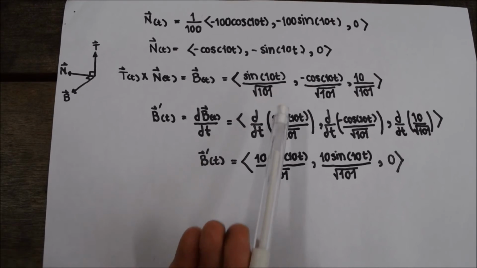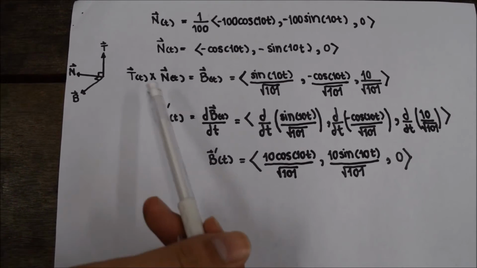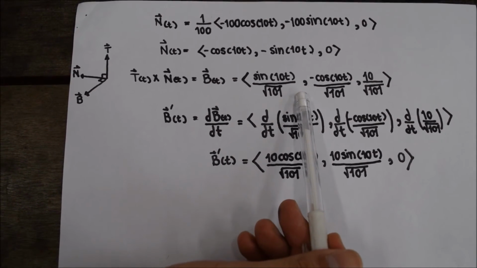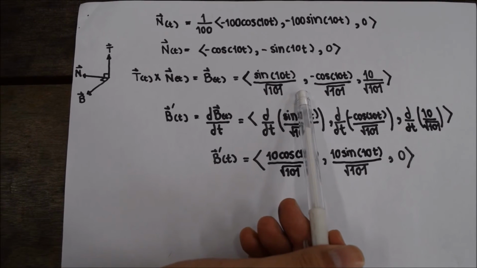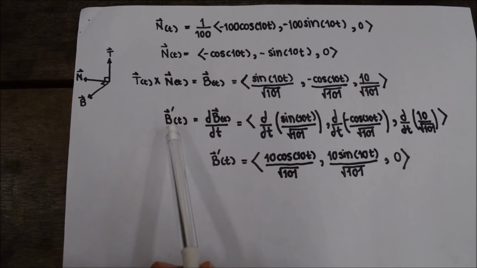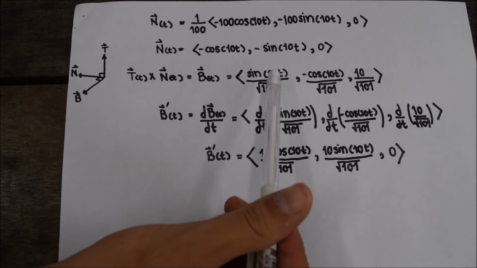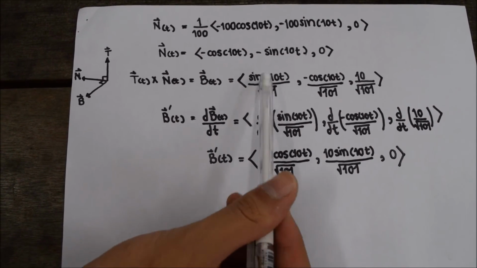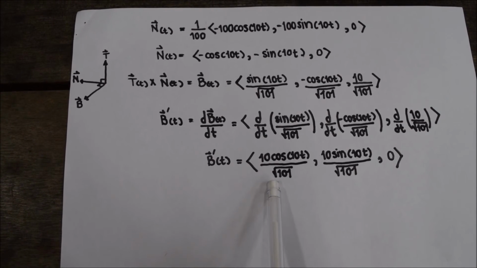When we cross them together, we get B equal to this vector, and we can also find the derivative of the unit binormal vector by taking the derivative of this vector. We are going to get this vector.